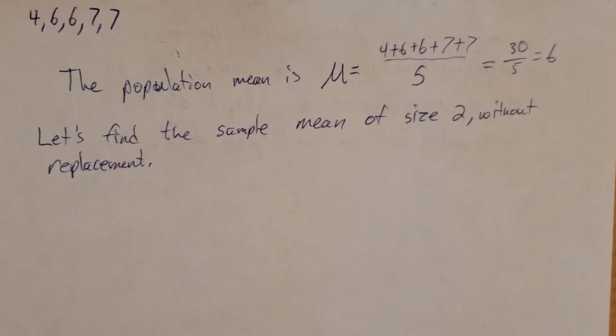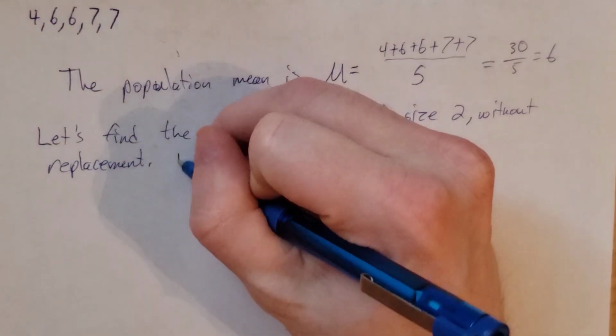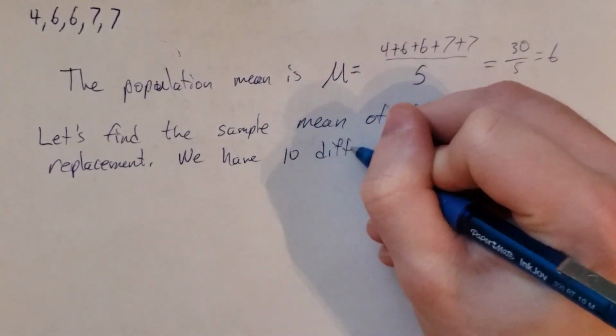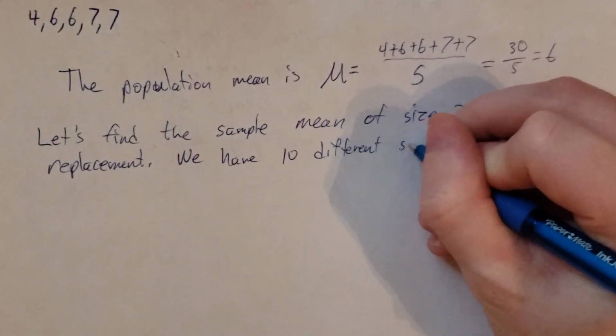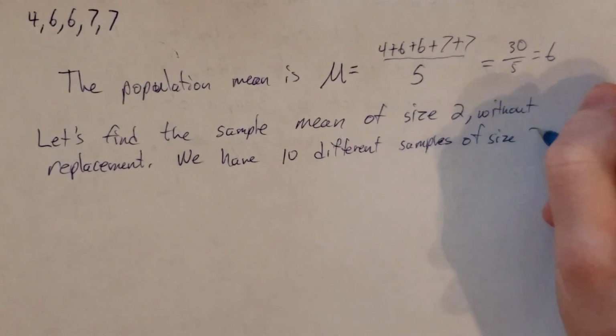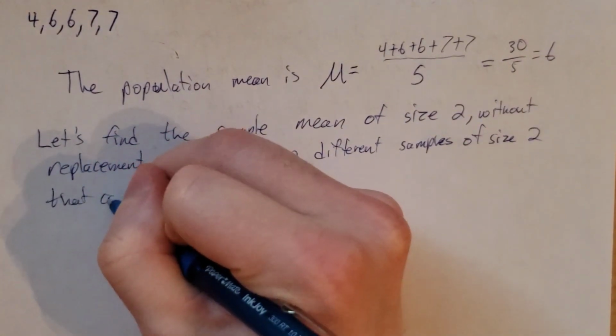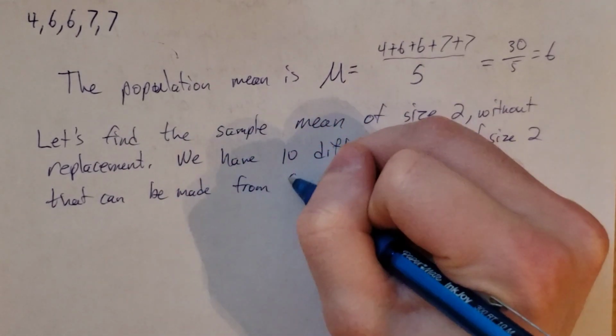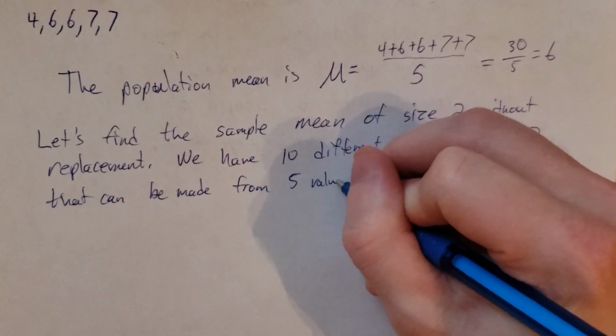This means we take all samples of size 2 and we find the mean of those. Well, how do we find that? We have 10 different samples of size 2 that can be made from 5 values without replacement.